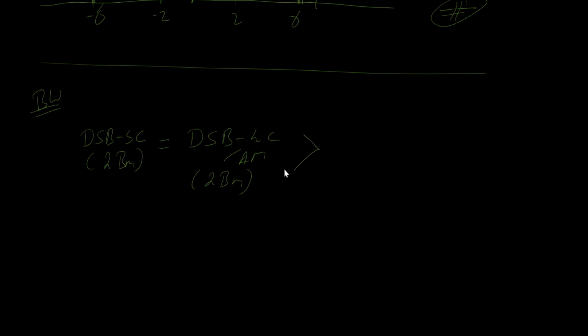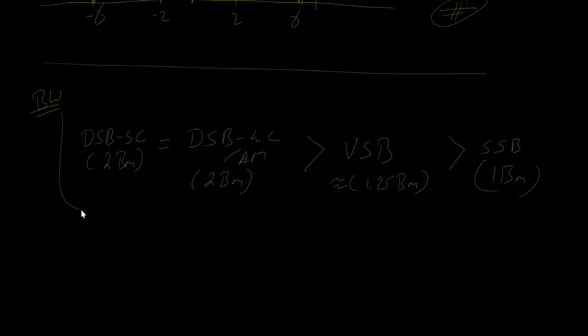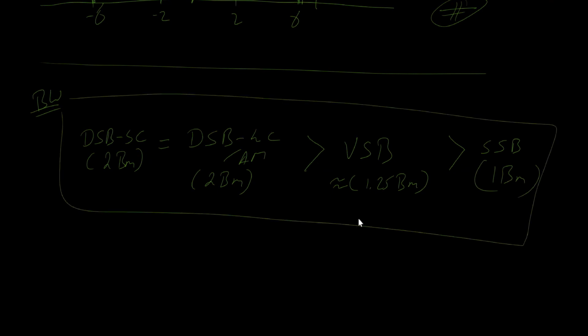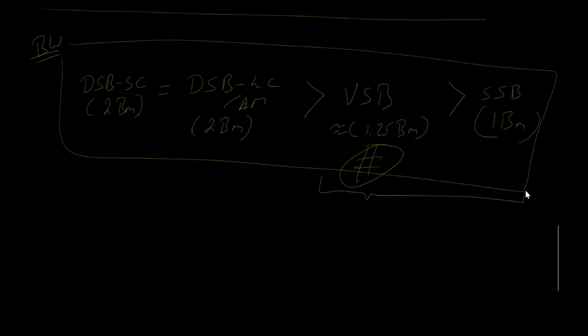So this consumption is more than VSB, which is approximately consuming 1.25 B. This is actually using more bandwidth than SSB, which is utilizing 1 B, right? So in terms of bandwidth, VSB is stationed over here.